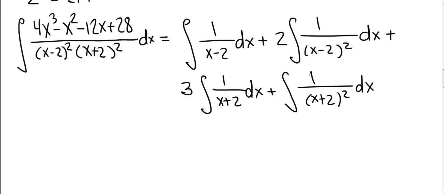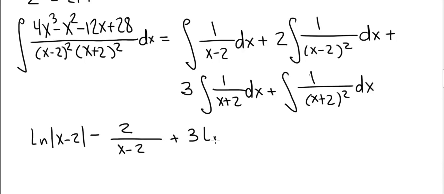Let's evaluate these. The first one is natural log of absolute value of x minus 2. The integral of 1 over x minus 2 squared is minus 1 over x minus 2. So this is minus 2 divided by x minus 2 plus 3 times the natural log of absolute value of x plus 2, and then minus 1 divided by x plus 2.